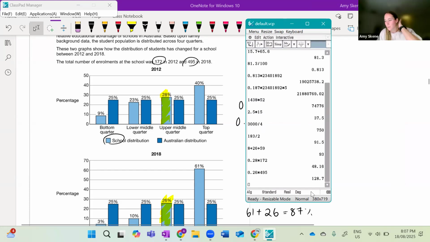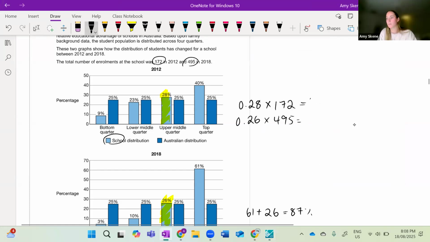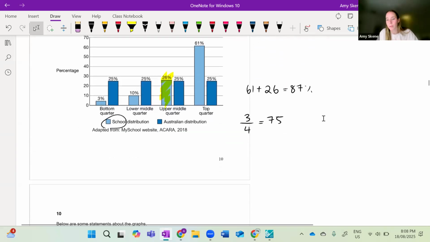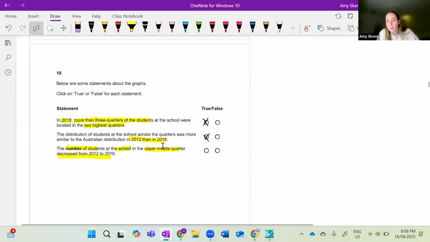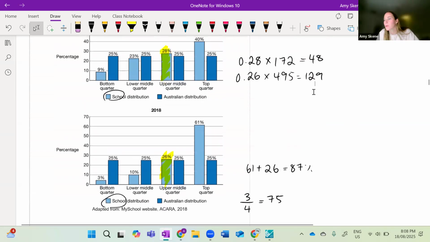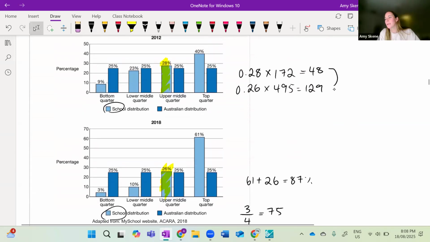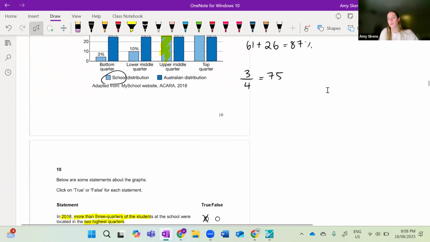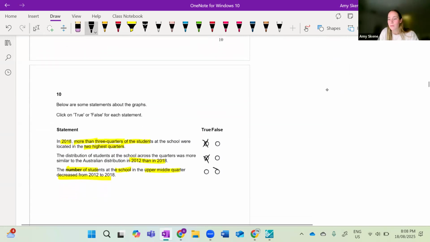That's just me almost ballparking. So 48, 128. I'm writing 129 because it was closest to that. That's me rounding properly. So did the number of students in the upper middle quartile decrease? No, it actually didn't decrease. It increased. It went from 48 students to 129. So therefore, it is false.